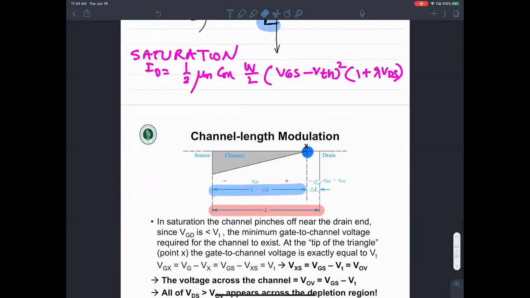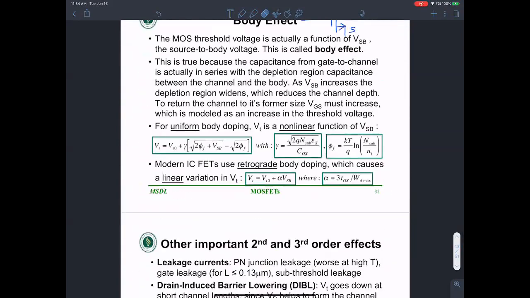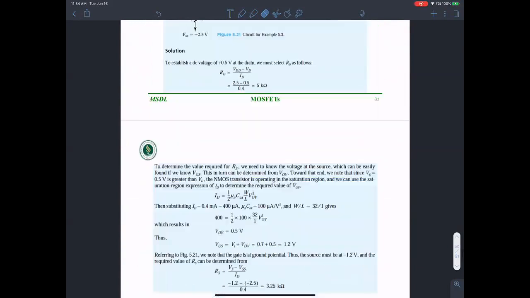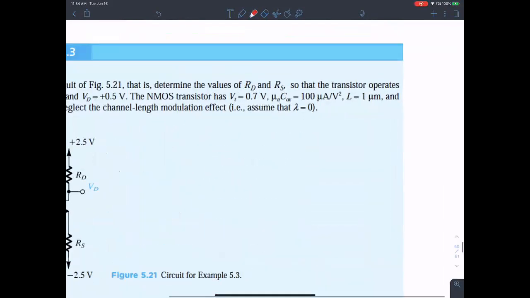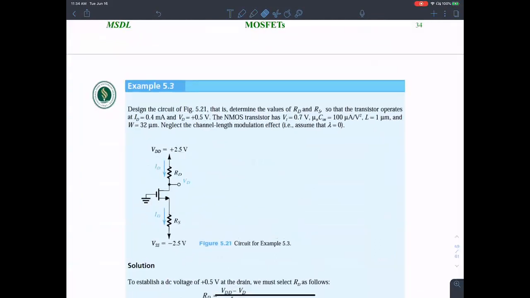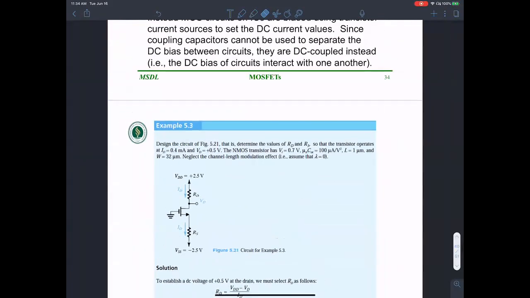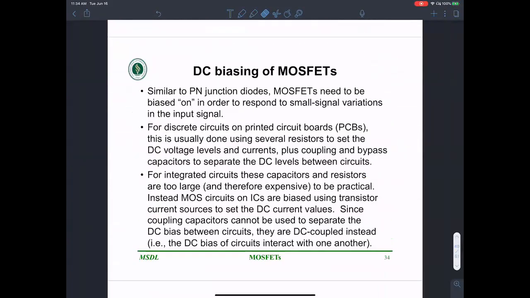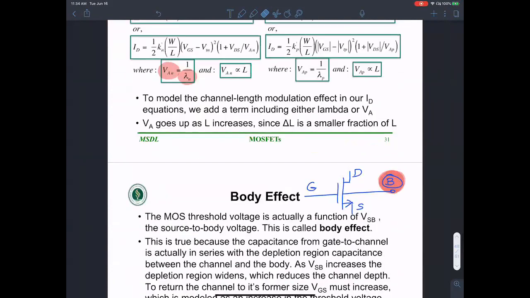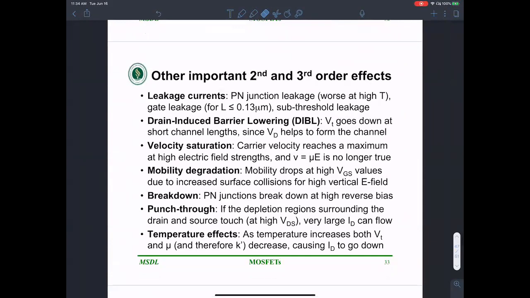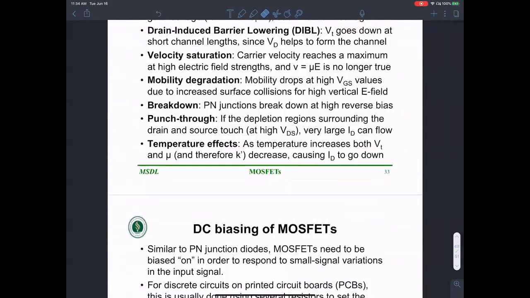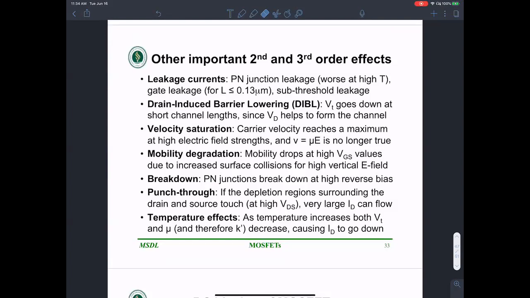If you go back to some of the problems that are coming up, some of them ask you to assume that lambda is 0. Unless you are specifically instructed to do so, you assume that the channel length modulation is present. We'll come back to talking about the body effect and a few other higher order effects, and then move on from there. Questions, please.